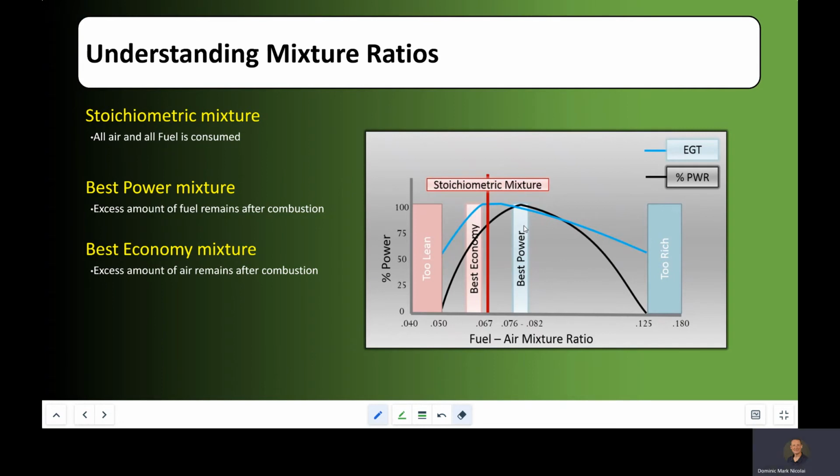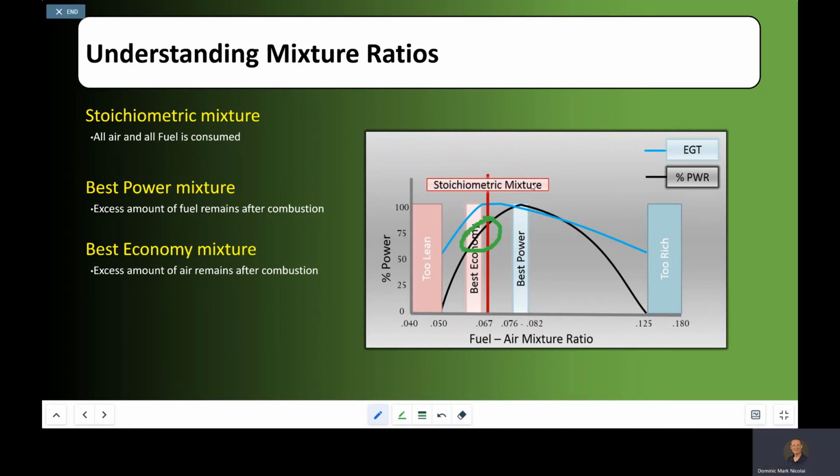So if you're burning all the air out, you're leaving a little bit of fuel left over, and you have achieved best power. Now, what happens if we went to our peak EGT setting and we continue to pull on the mixture control to continue to lean it? Well, as you can expect, we'll get another amount of power to drop off from it because we're now removing fuel and we're leaving more air. We're burning all the fuel out now, but we're leaving more air behind.